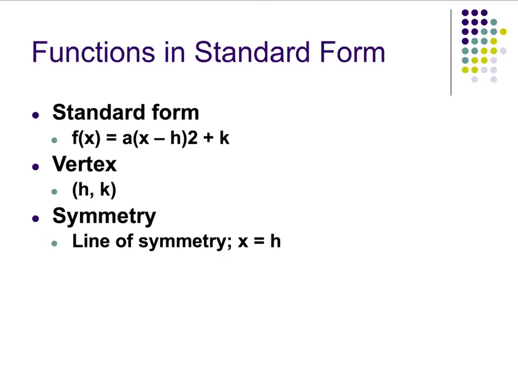Functions in standard form, this is what we know them to be: a times (x minus h) quantity squared, plus k, where (h, k) is the vertex, and the line of symmetry is x equals h.